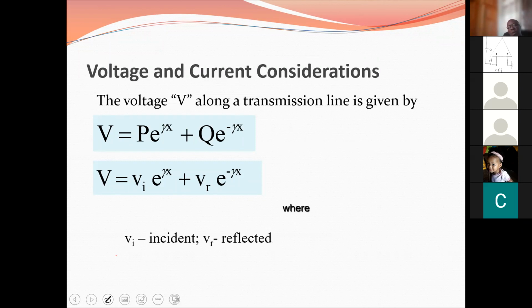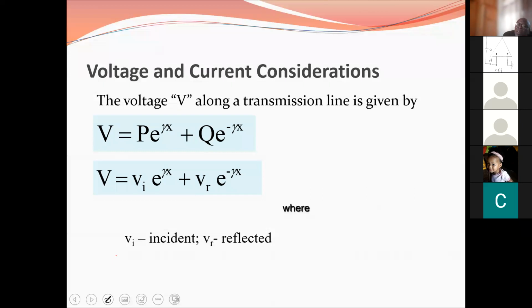And we said that P and Q were based on the conditions at either ends of the line. Those values will be given by VI and VR. VI, incident. VR, reflected. Right?